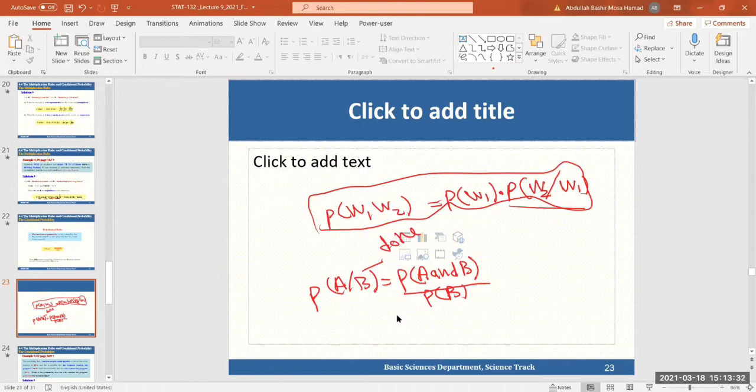So P of A given B equals P of A and B over P of B.